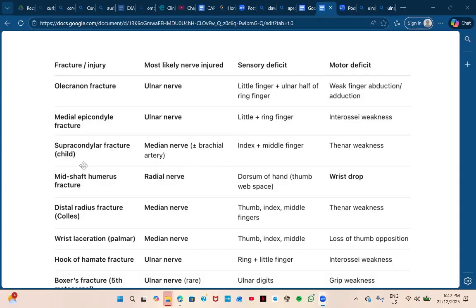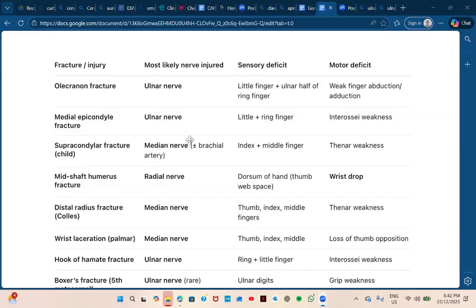Please do nerve injury questions, then you will never forget. Remember these keywords: supracondylar fracture, usually in children, means median nerve damage, and the nerve branch is anterior interosseous.